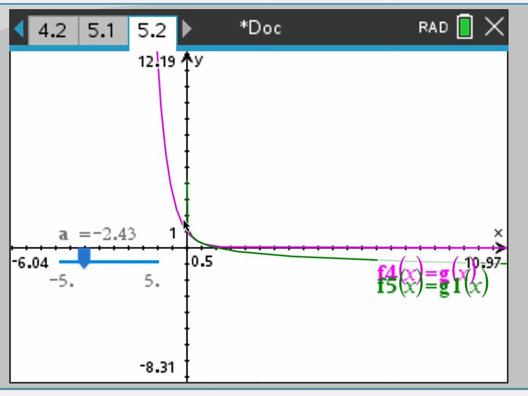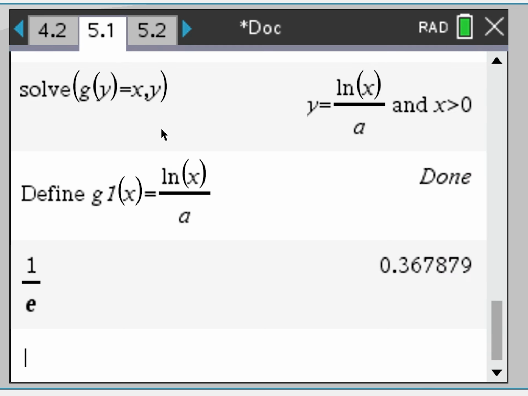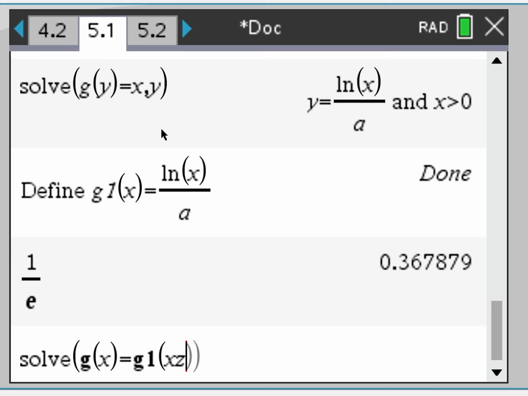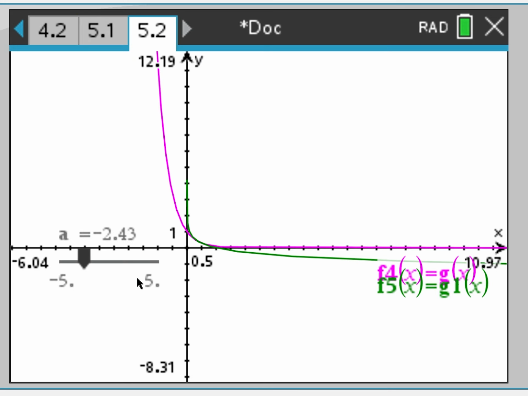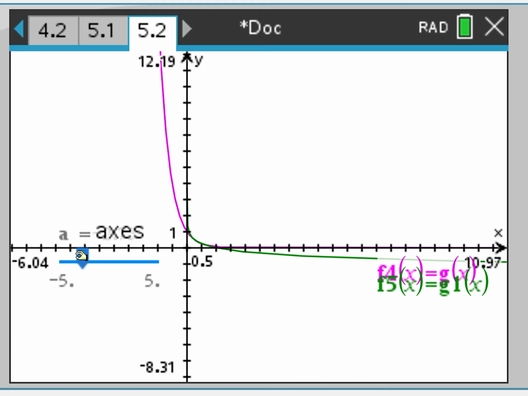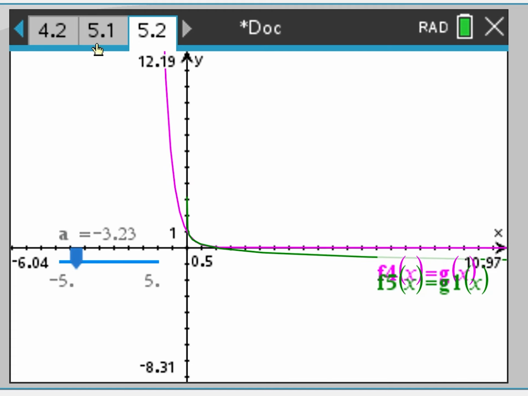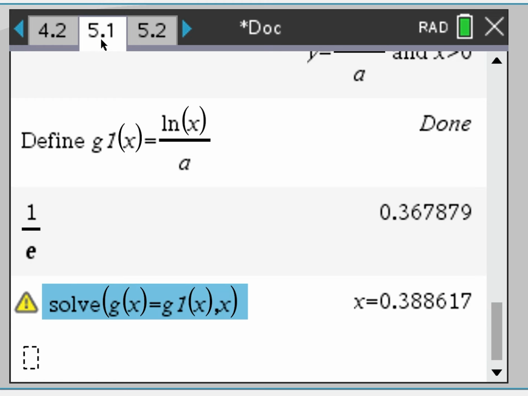So let's see, -2.43. Actually, what happens if I solve g of x equals g1 of x? Because the a value is already defined as negative 2.43 or whatever that was. Oh, solving for x. So there's only 1 intersect at this. So if I were to decrease the value further down to -3.23, now what happens?